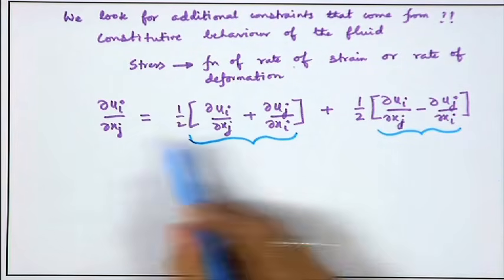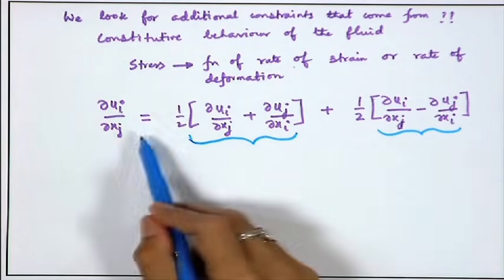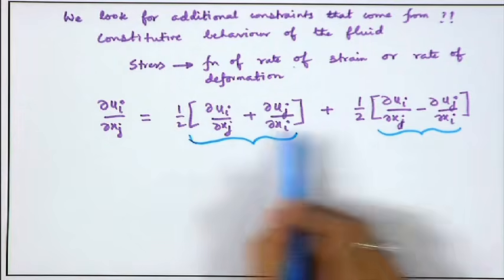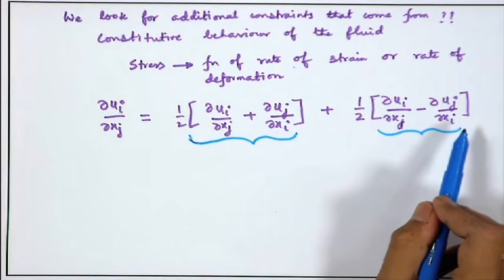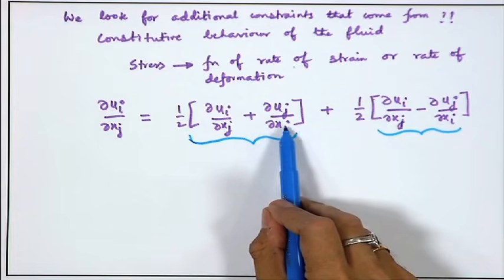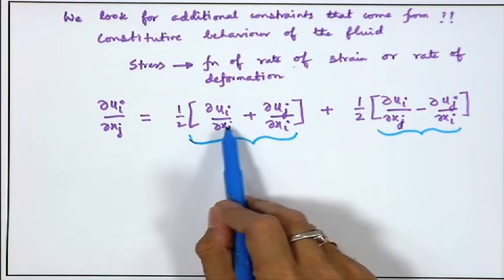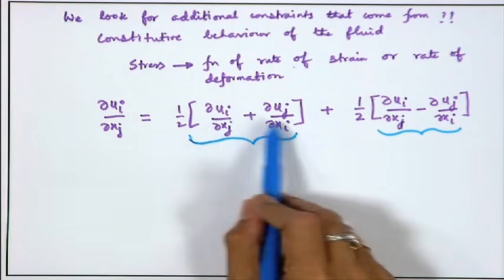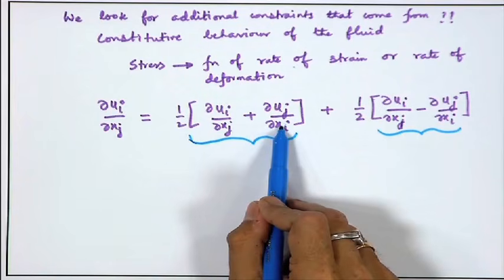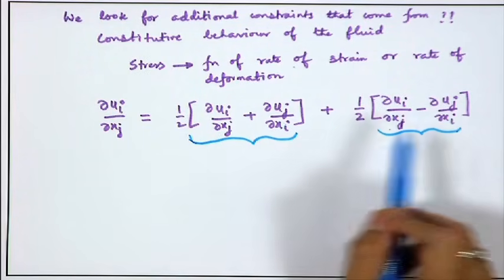So this expression is nothing very special, it is A is equal to half of A plus B plus half of A minus B, but here B is taken as A transpose. So this is a symmetric tensor and this is an antisymmetric tensor.